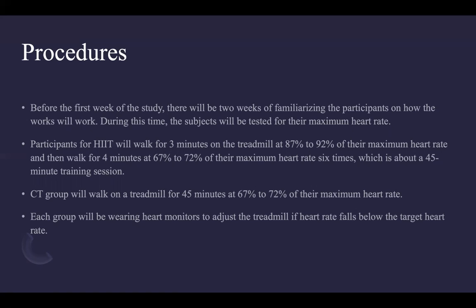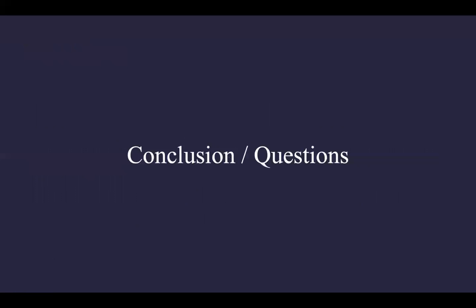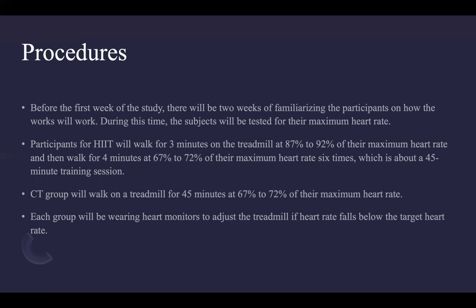The goal is to have HIT at 90 and the continuous training at 70, but I'm going to give a little leeway, because of course there'll be times where it'll fall under or go higher. If they fall below, we'll adjust the treadmill to increase the elevation and the speed to meet that target heart rate. And I think that's it.